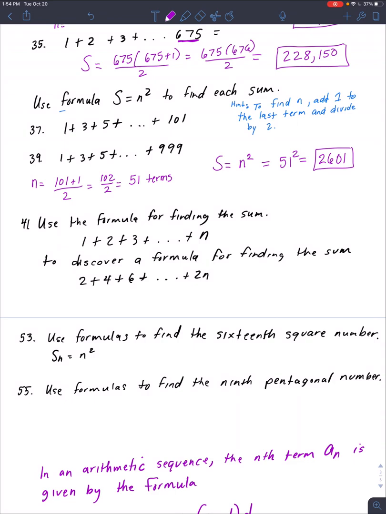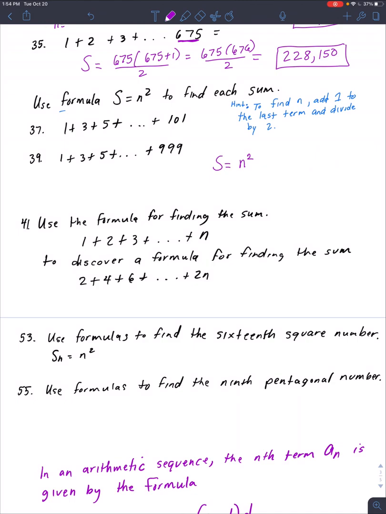Okay. Alright, for the next one, and I'm just going to erase that previous one. Before we can use our s equals n squared formula, we have to figure out how many terms are in there.